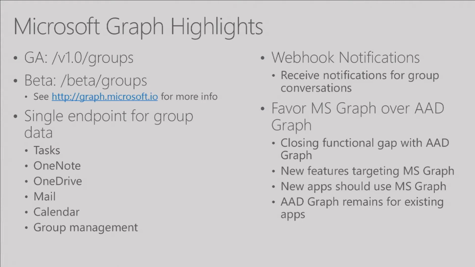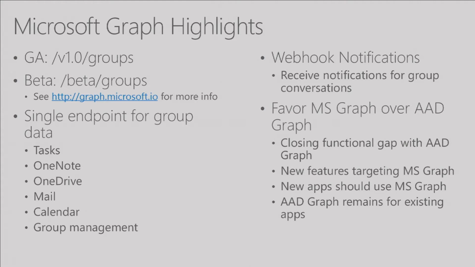And if there's one last thing to talk about here, it's that if you're building new applications, we really urge you to prefer the Microsoft Graph over the Azure AD Graph, which is available today. There's a bit of a functionality gap right now, and we're working very, very quickly to close that to get the same functionality through Microsoft Graph that's available through AD Graph.